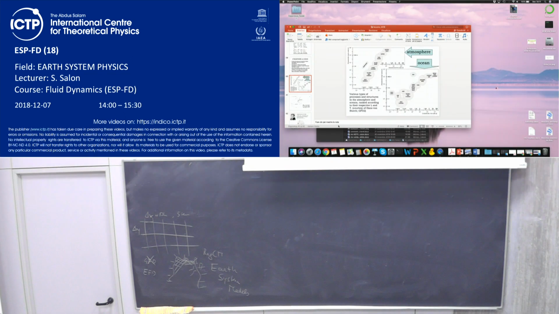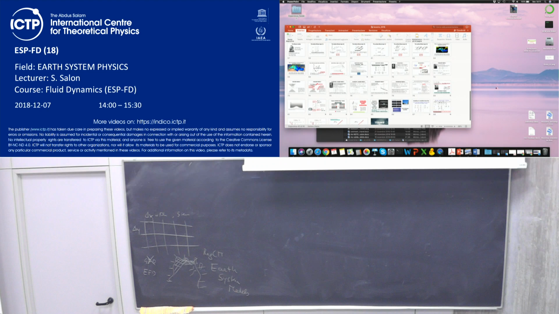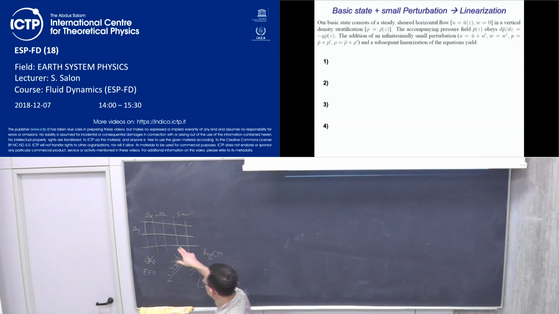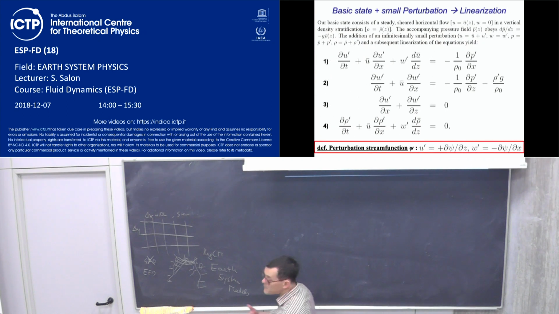And of course, the challenges that our community is facing these days are mostly related to increasing the computational power of computers, but also to improving the models, so the numerical cores of the model, so that they could be able either to resolve the equations faster, or to include more processes.